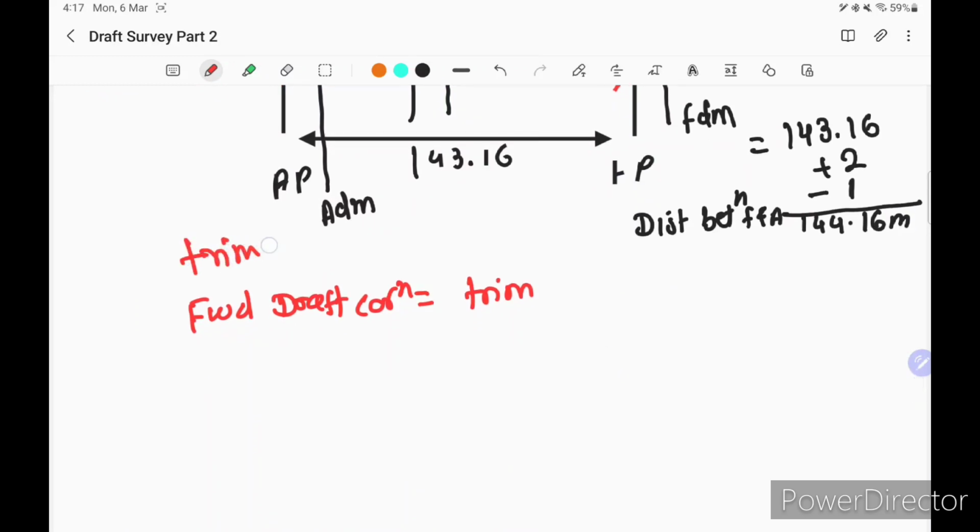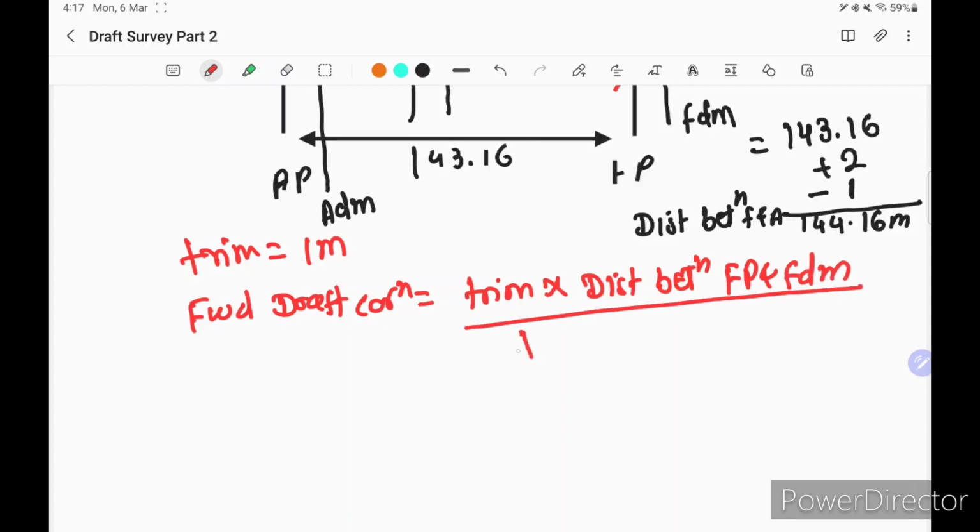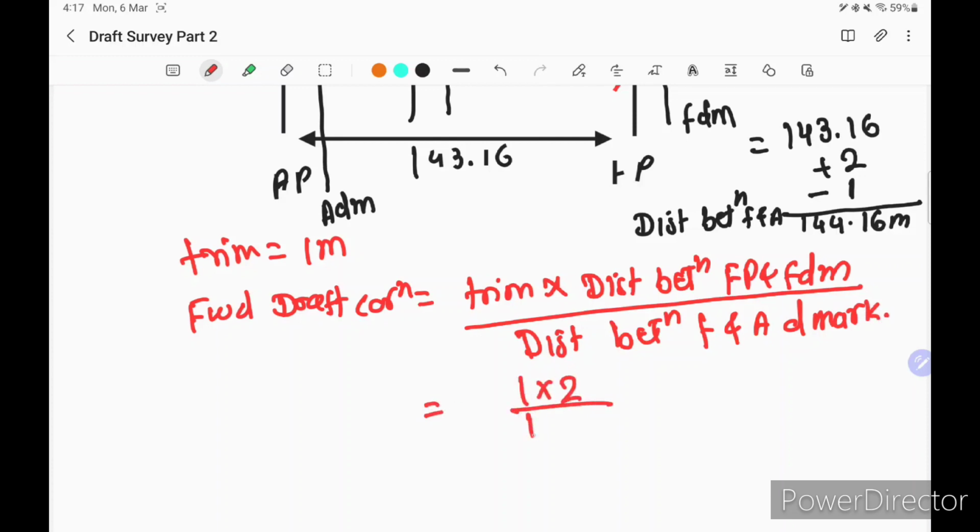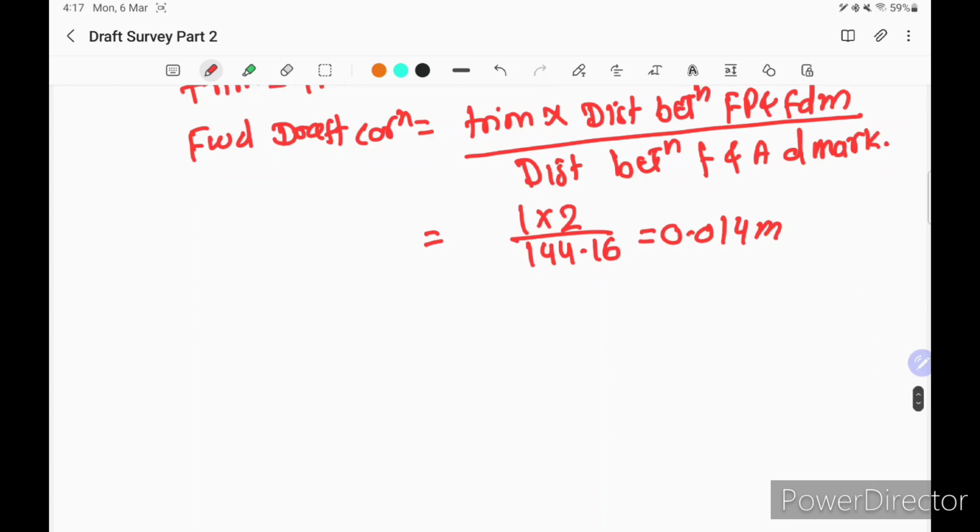So trim is 1 meter into the distance between the forward perpendicular and forward draft mark, divided by the distance between forward and aft draft marks. So 1 into 2 divided by 144.16 is equal to 0.014 meter. Now the aft draft correction.